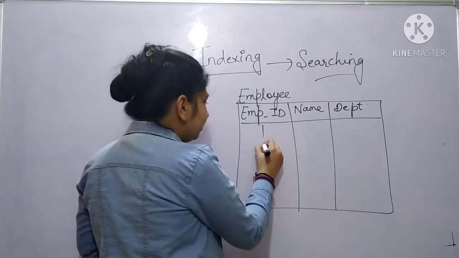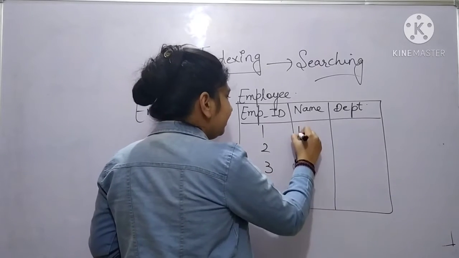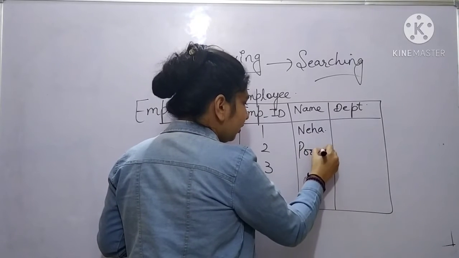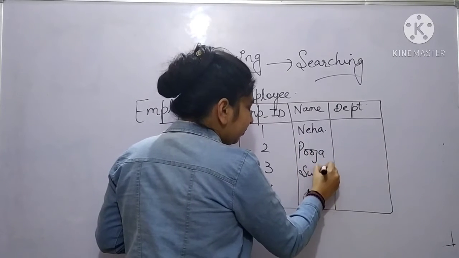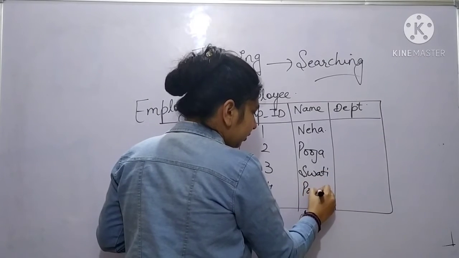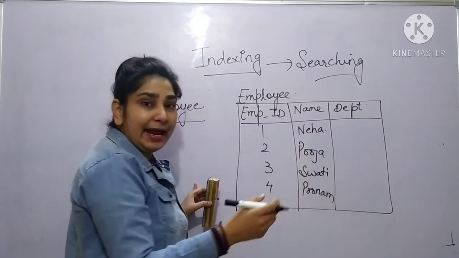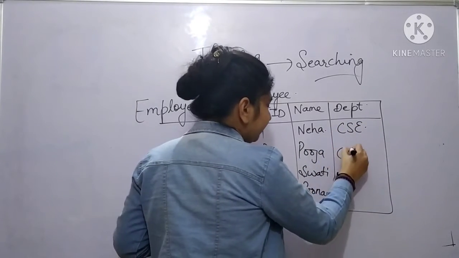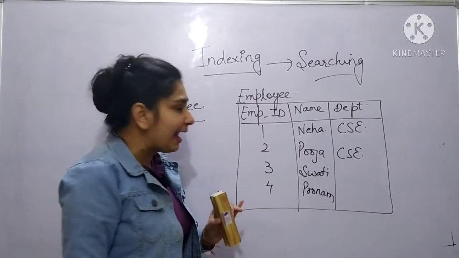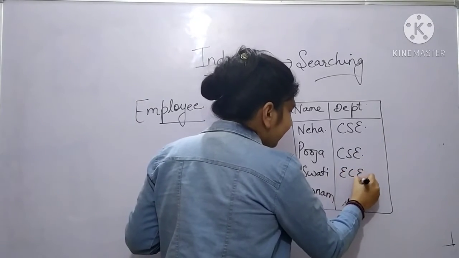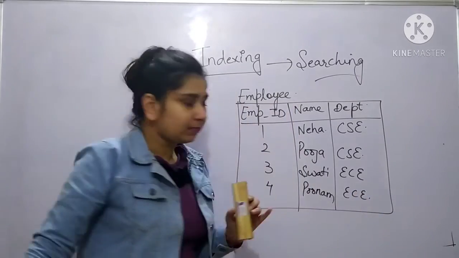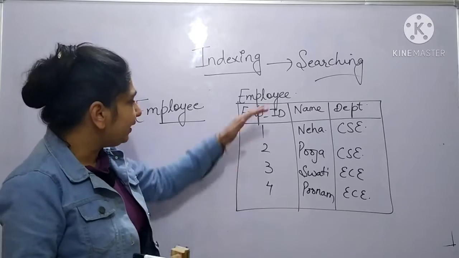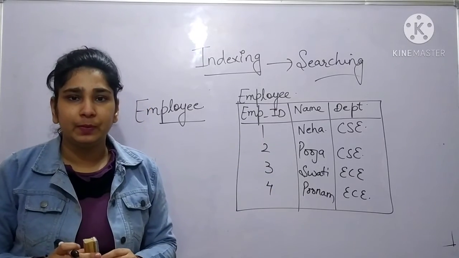Okay, like 1, 2, 3, 4, Neha, Pooja, Swati, Poonam. Neha and Pooja belong to the CSE department and Swati and Poonam belong to the ECE department. So we have many records saved in this employee table.